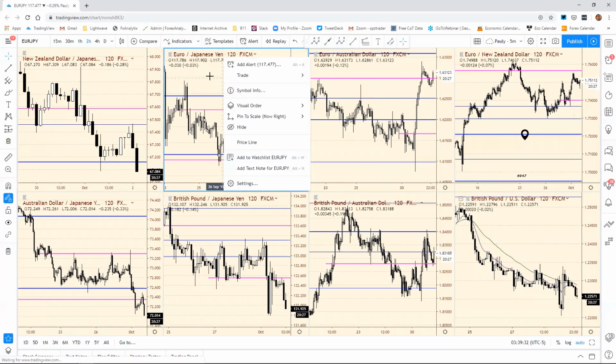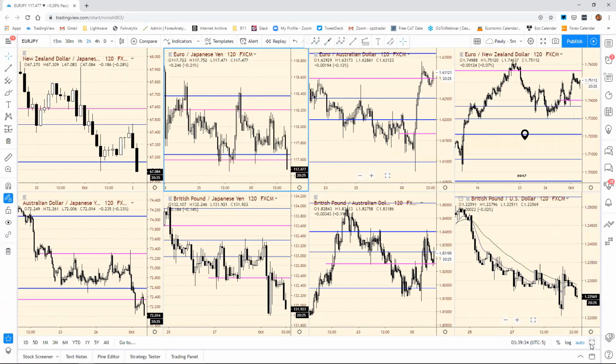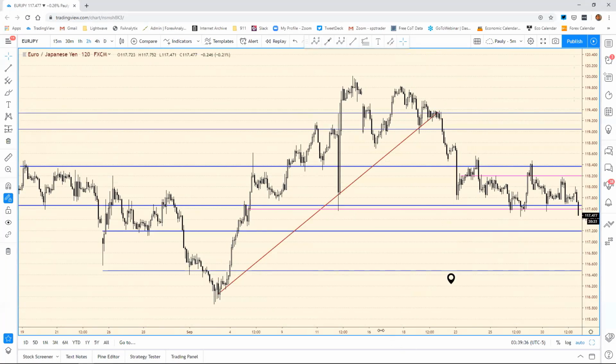So we'll move in now to the euro yen. With the strength in the yen, we've certainly seen the fortunes of many of these crosses change here.